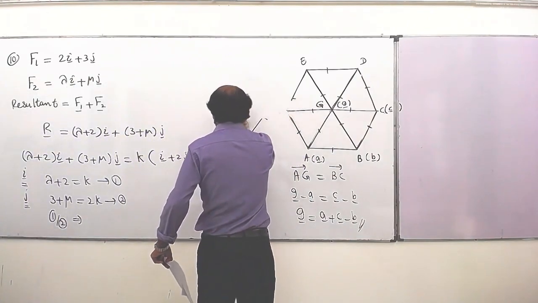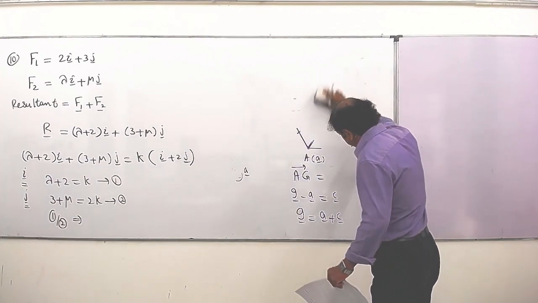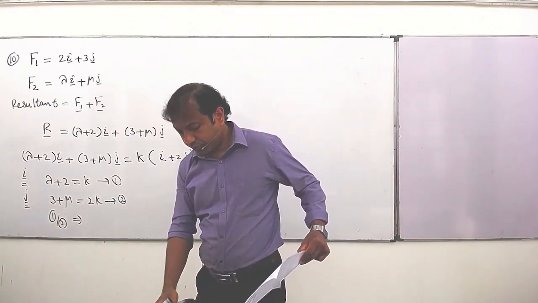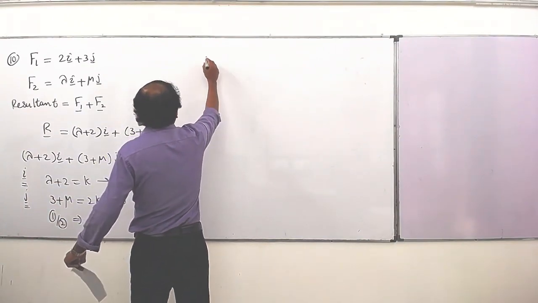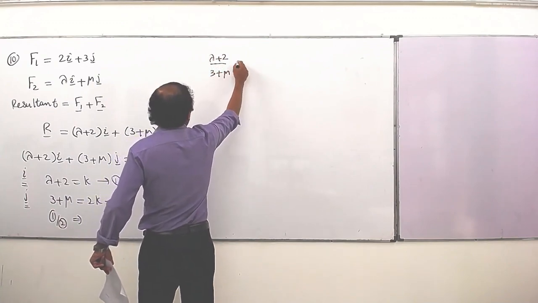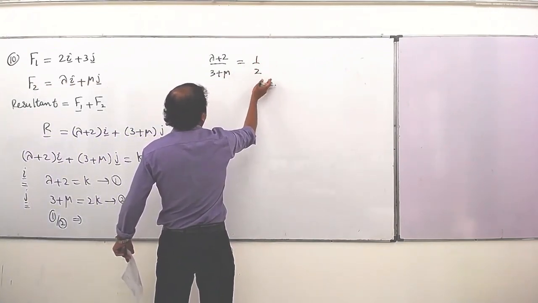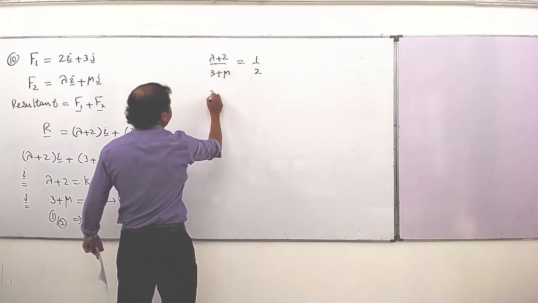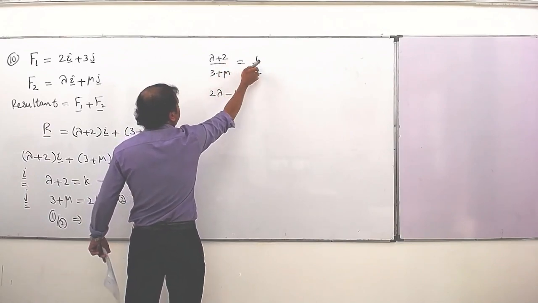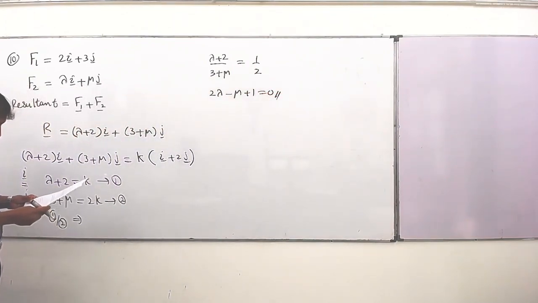Lambda plus 2 divided by 3 plus mu is equal to half. Use cross multiplication, take the terms to one side, 2 lambda. Take mu this side, minus mu. Here 4, here 3, plus 1 equals 0. This way we can take that answer.